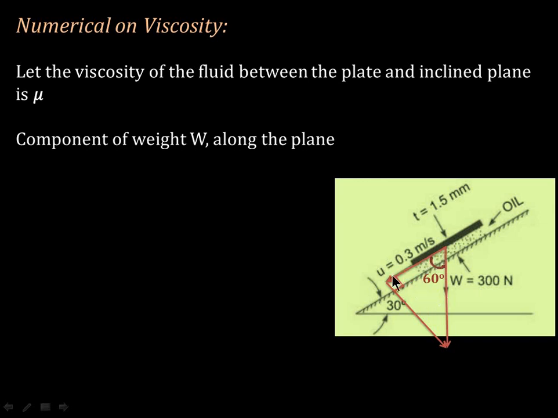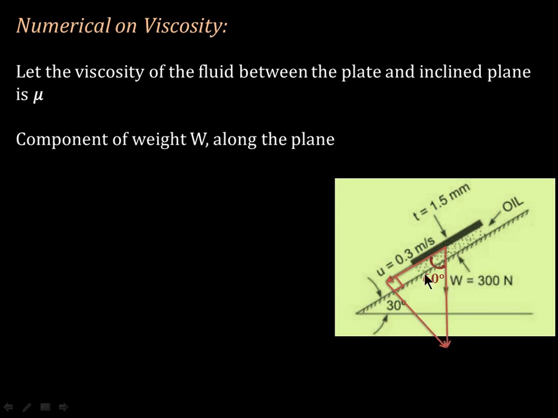We have these two components. This component is the adjacent component, whereas the other component, which is in front of or perpendicular to this 60 degree angle, is the perpendicular component of the force exerted because of the weight of the plate W.